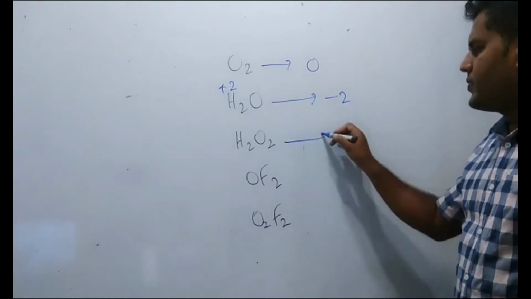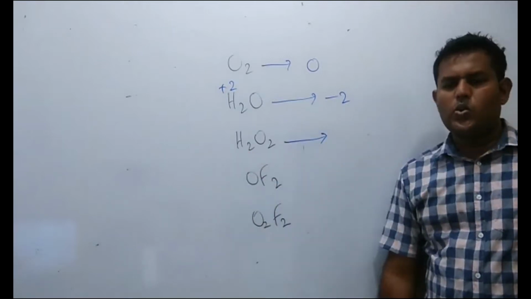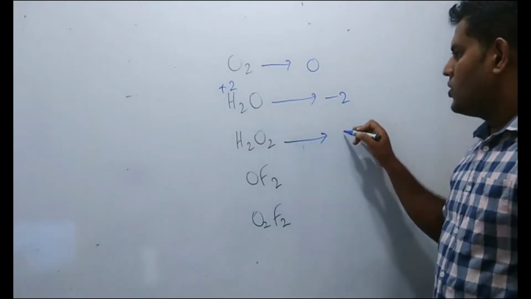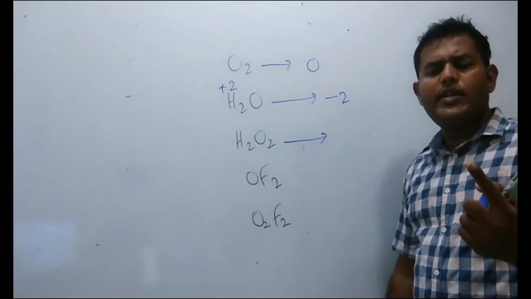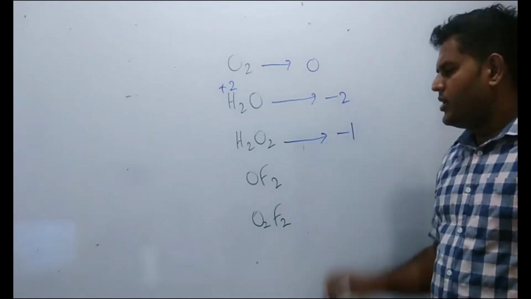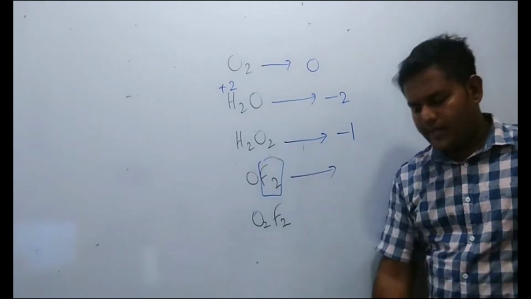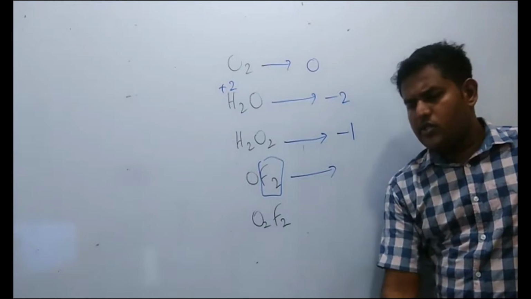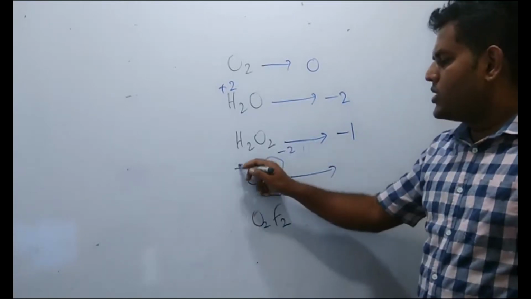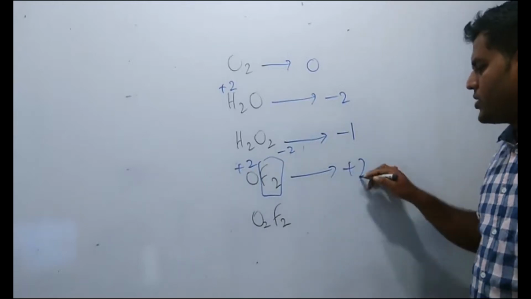In H2O2, 2 hydrogens plus 2, 2 oxygens minus 2, but for 1 oxygen, minus 1. In OF2, the neighboring atom is fluorine. Don't forget, fluorine's most common oxidation state is minus 1, so 2 fluorines minus 2, and this oxygen is plus 2.